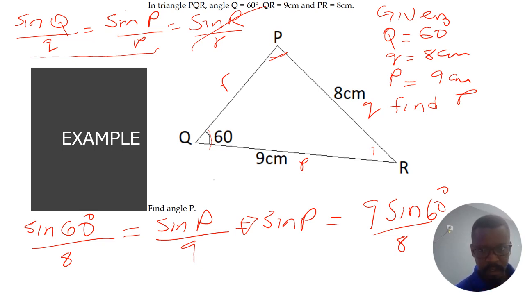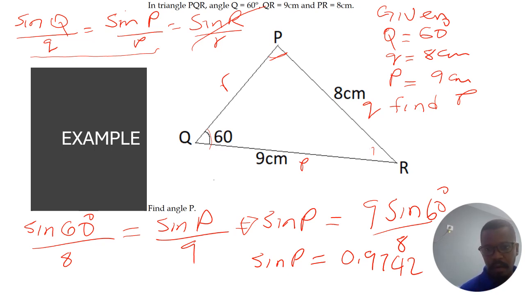So 9 times sine 60 degrees, that's 7.794, then divide by 8. Sine p will be equal to 0.9742.